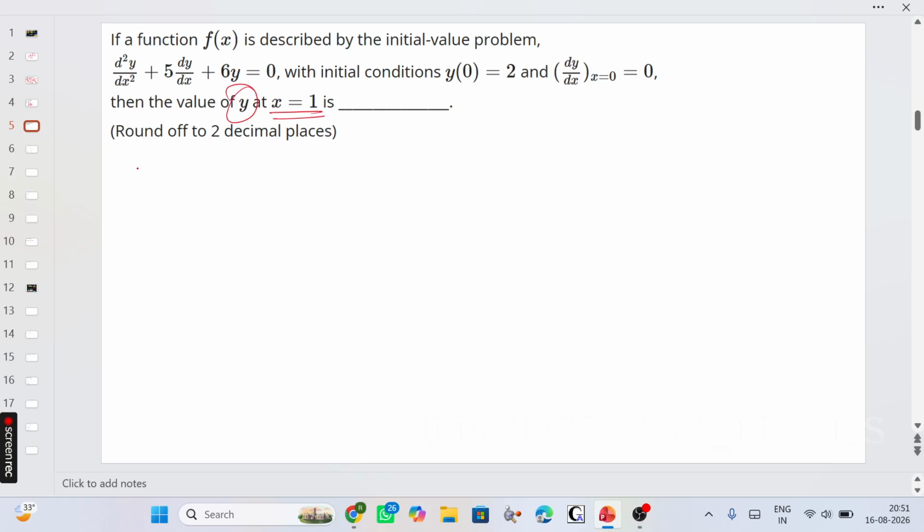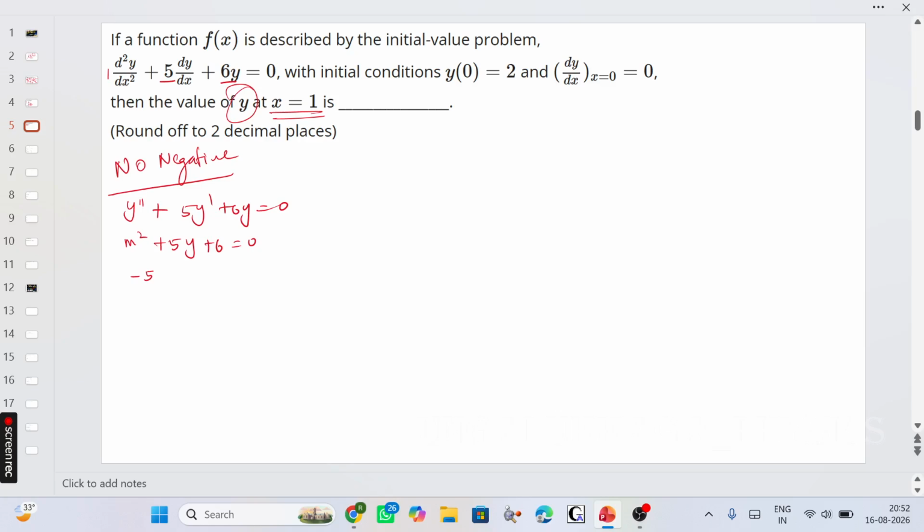Once you know this is a differential equation, you can straight away write the quadratic equation like this: m squared plus 5m plus 6 is equal to 0. Here a is 1, b is equal to 5, c is equal to 6, you can straight away write minus 5 plus or minus square root of b square, which is 25, minus 4 times a, which is 1, times c, which is 6. You don't need to stick with all the step-by-step process, because if you do, it will consume a lot of time.